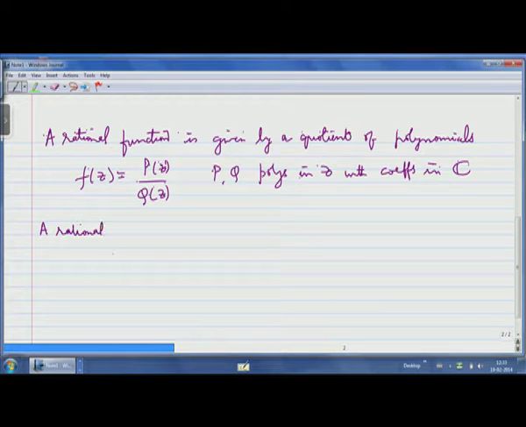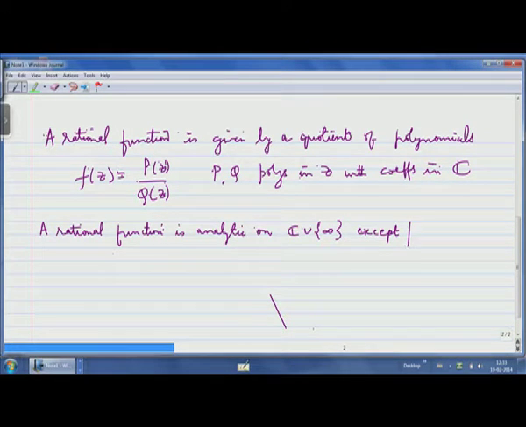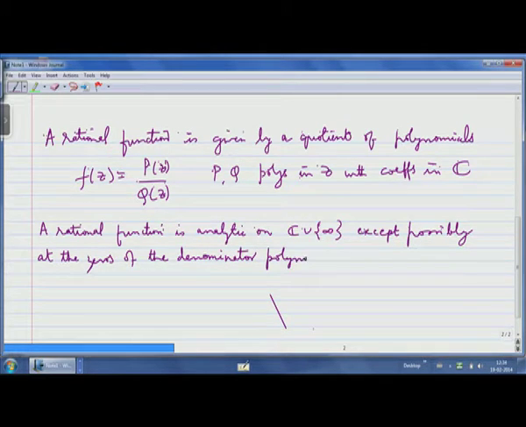The rational function is analytic on C union infinity except possibly at the zeros of the denominator polynomial, hence it is meromorphic on the extended plane.